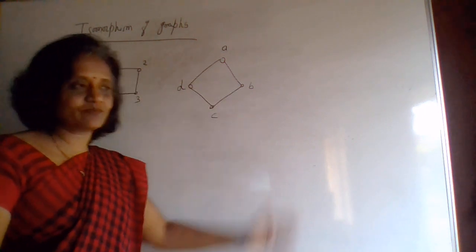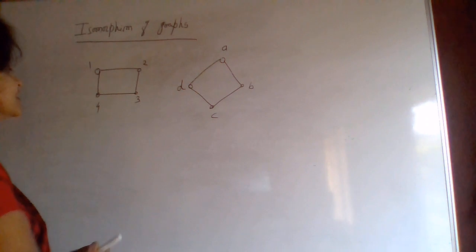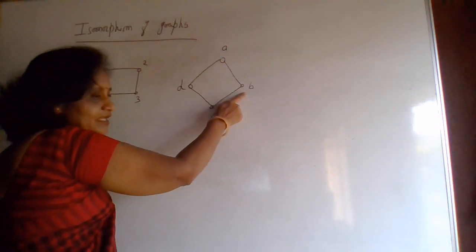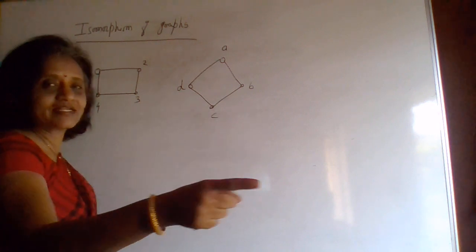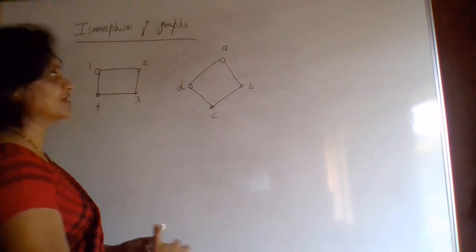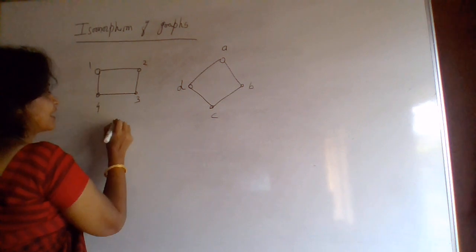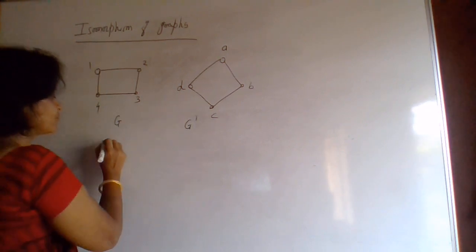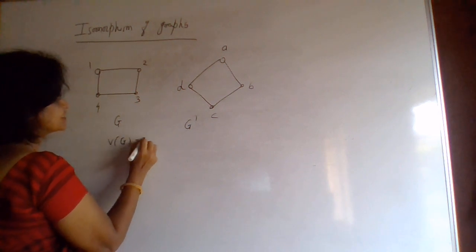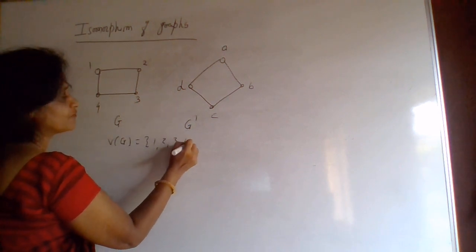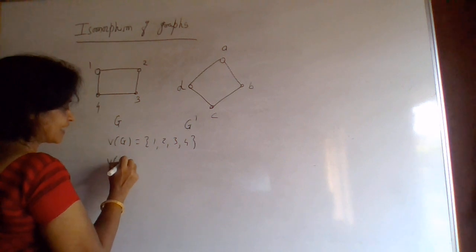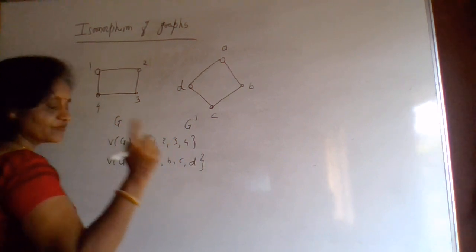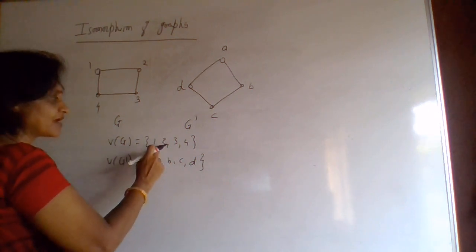Now I am saying isomorphic, so mathematically how will we say? Just now you said 1 is the same as A, 2 is the same as B. In maths we won't say 1 is the same as A. So if I denote this graph by G and this by G dash, for G our vertex set is 1, 2, 3, 4, and for G dash our vertex set is A, B, C, D, and we will say the graphs are isomorphic.